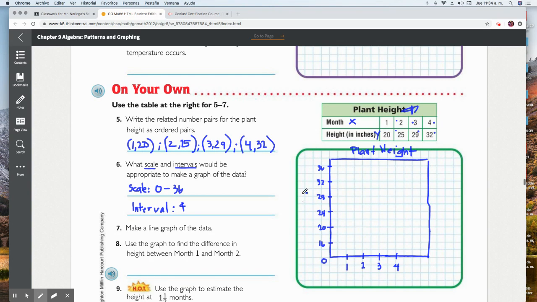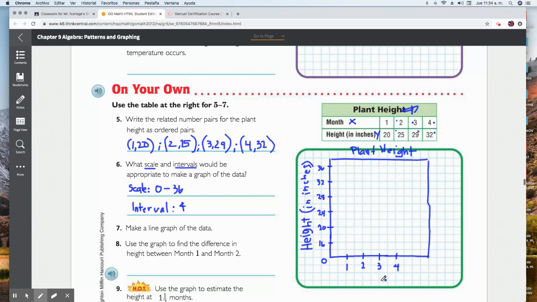I need titles right here, of course. I can use the same title, so I'm going to write here height, parentheses, in inches, close parentheses.